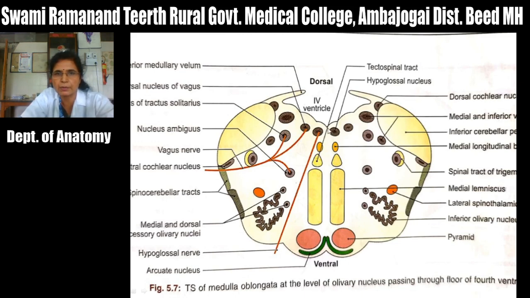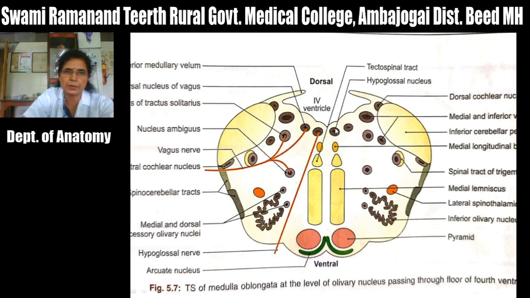If we go from the medial to lateral side, you know the functional components of the cranial nerves are arranged from the medial to lateral side in the brainstem. So the first nucleus is the hypoglossal nucleus, which is situated in the upper 2/3 part of the medulla oblongata.